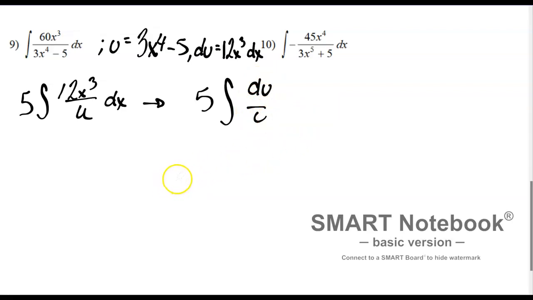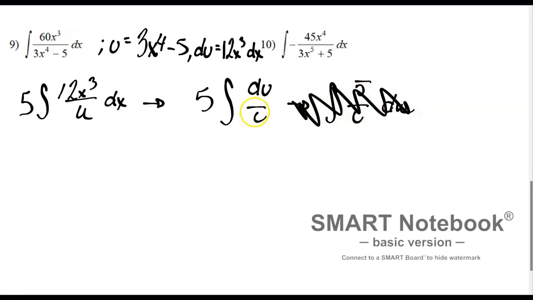And again, we're not evaluating, so we can finish it off and describe it completely in terms of u, which would be 5 du over u. I'm actually thinking about number 1 where we were asked not to evaluate. With these we are, so it just means to integrate. So I guess this portion we can disregard, and we can go ahead and take care of this.